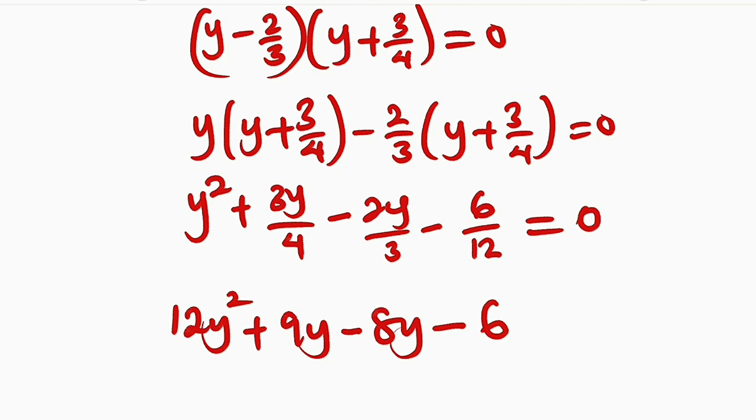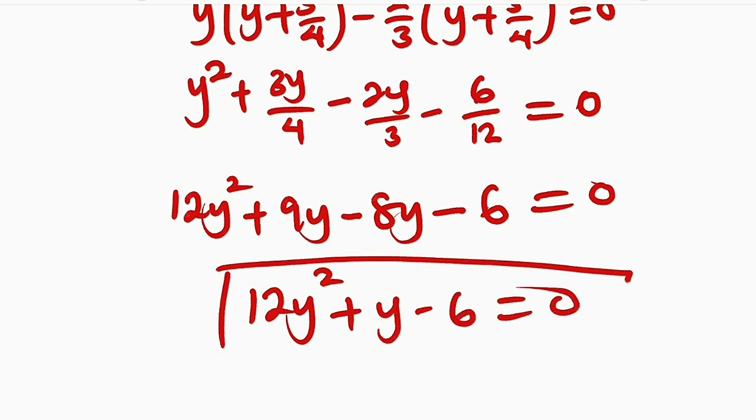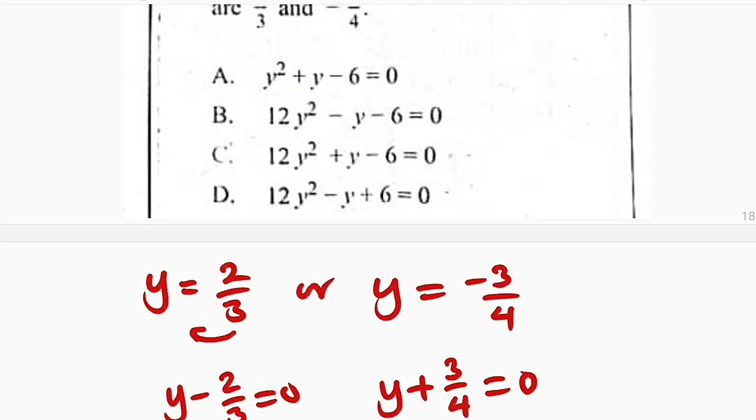The whole of this equal to 0. The only terms we need to simplify are the middle terms. 9y minus 8y is just single y. Finally, we have 12y squared plus y minus 6 equal to 0. This is the quadratic equation. 12y squared plus y minus 6, which is option C.